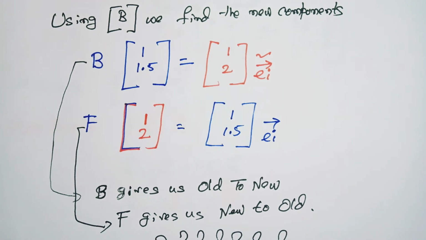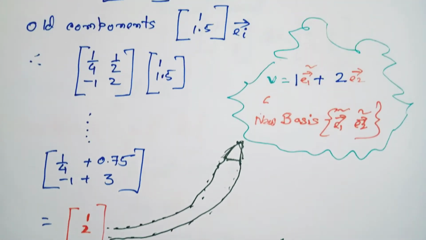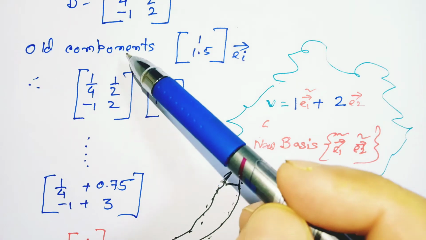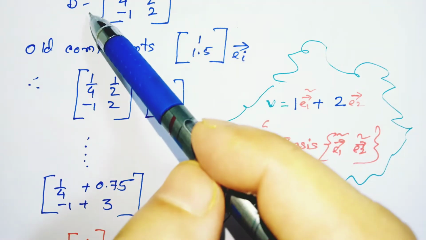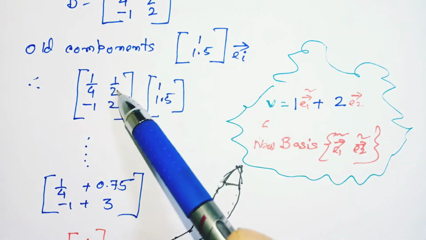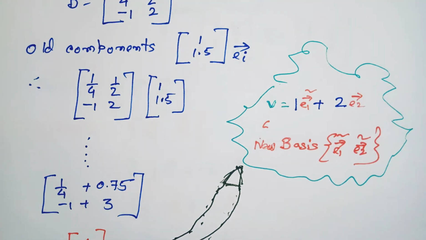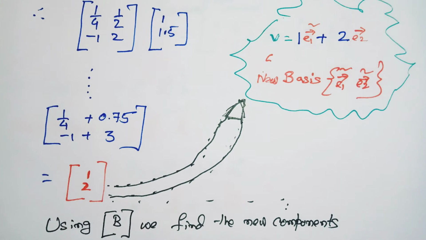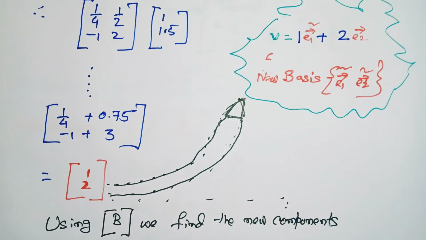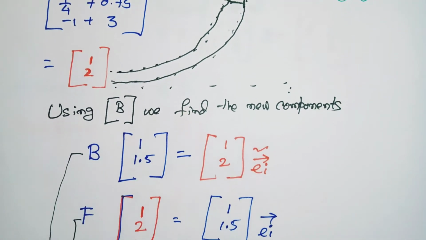And we have just shown that, right? So the entire motive of this calculation was to use the old components on the backward transformation elements and get back a value 1 and 2, which gives us the new value 1 and 2. This is from the new basis. That is why it is written in red.